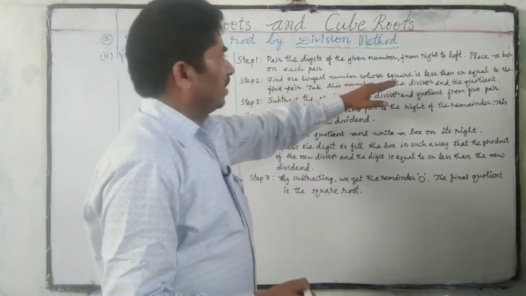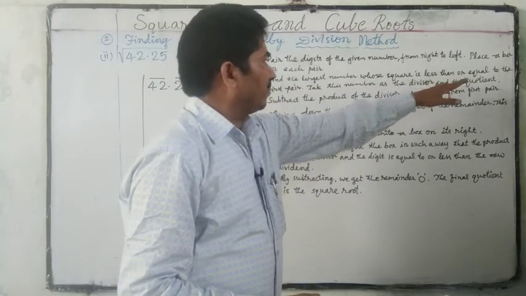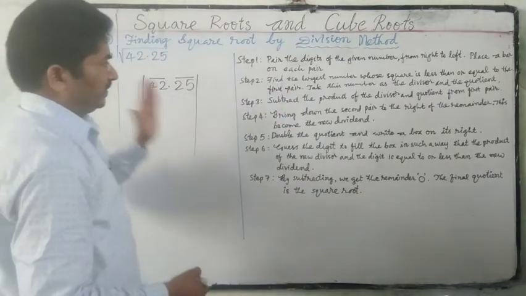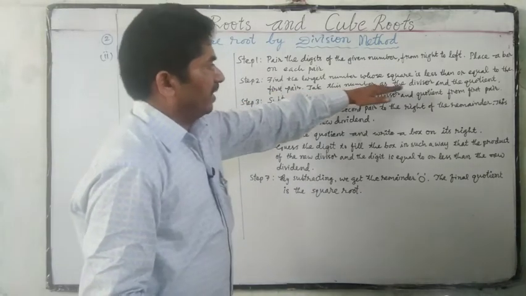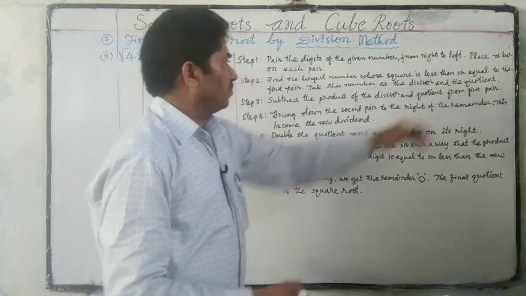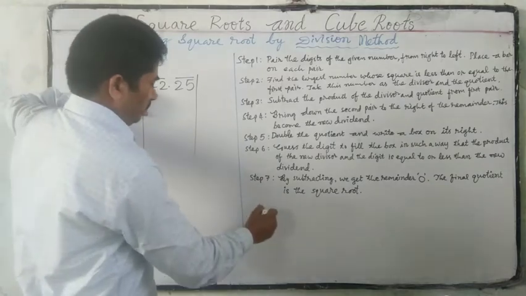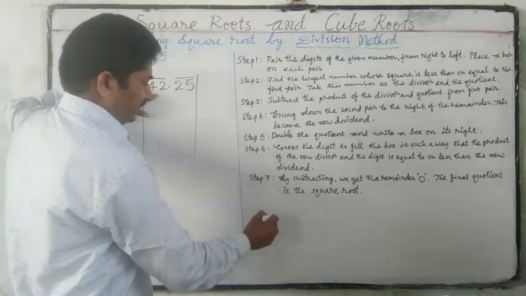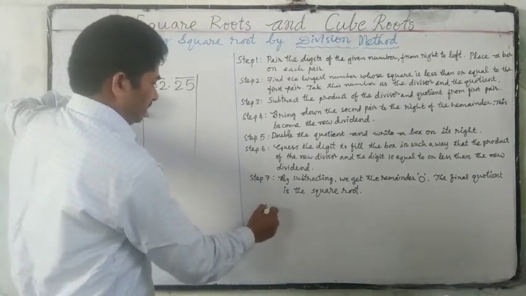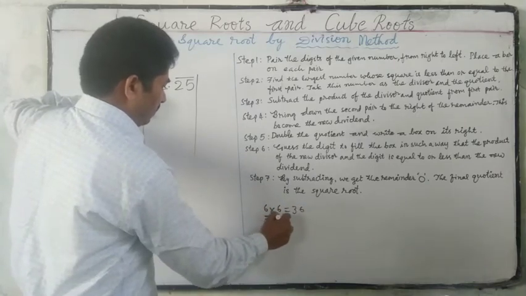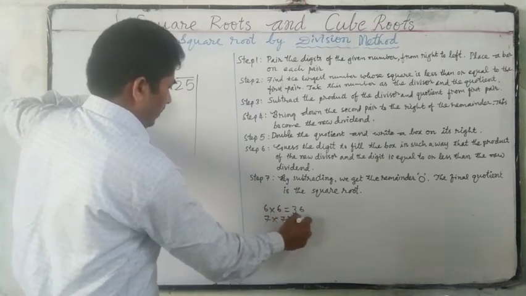Find the largest number whose square is less than or equal to the first pair. Leftmost is the first pair. Take this number as the divisor and the quotient. Here we have 42. In 42, 5 5s are 25, 6 6s are 36, 7 7s are 49.